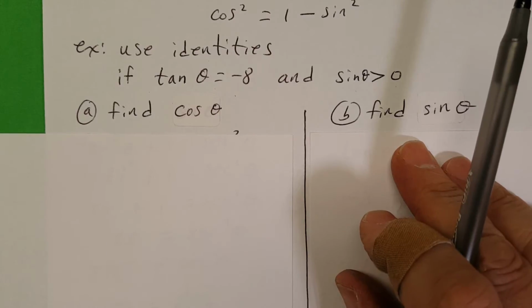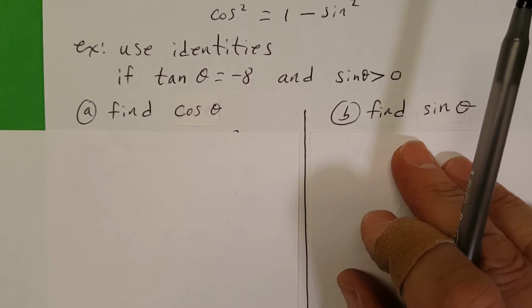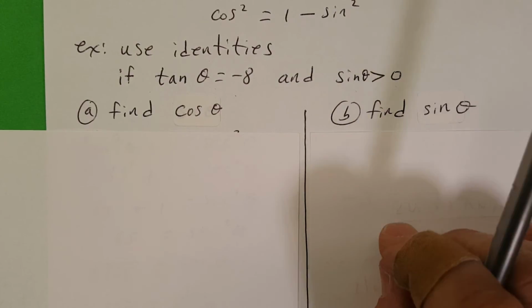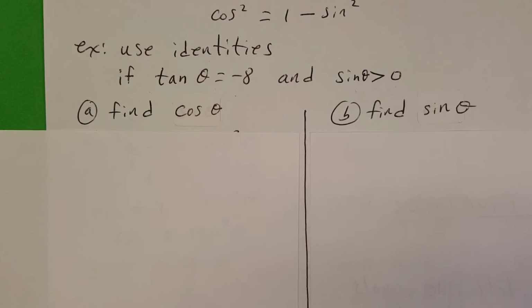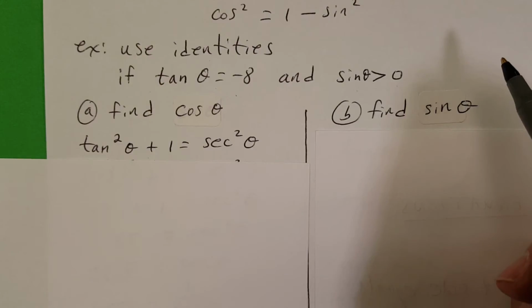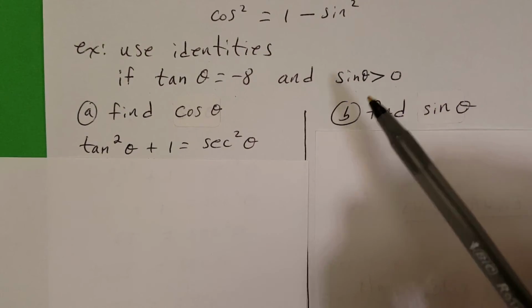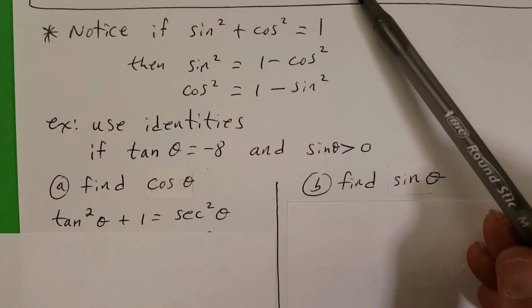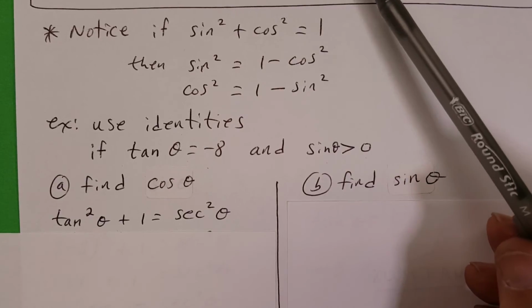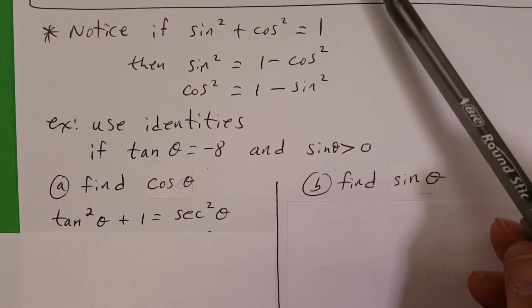And now keep in mind, if you don't know which one to use, any one you like. As long as you write down an identity, you will get correct answers. It's just that some people might get to the answer quicker than you because they see certain identities that work better than others. Okay? So what the book did was they used this one because they know secant is really 1 over cosine. So if we can find secant, we'll just flip it over and it'll be the cosine.